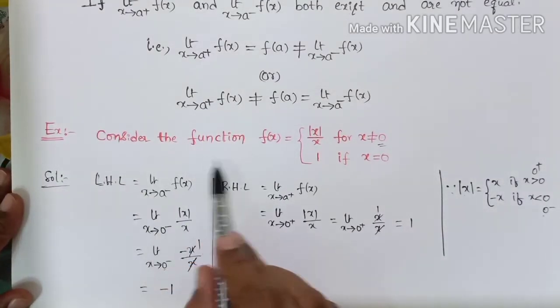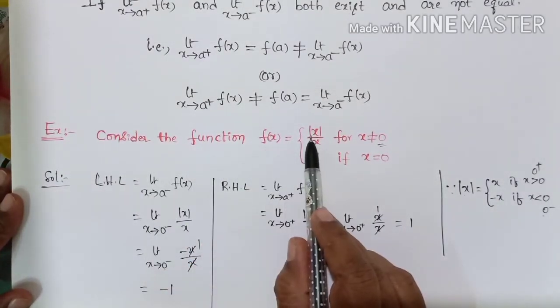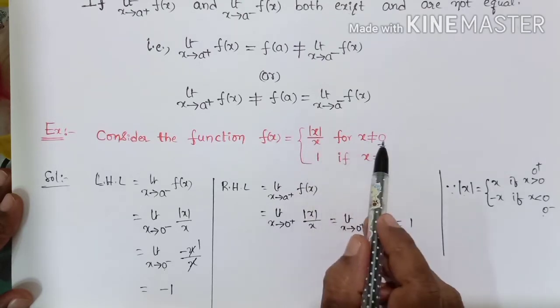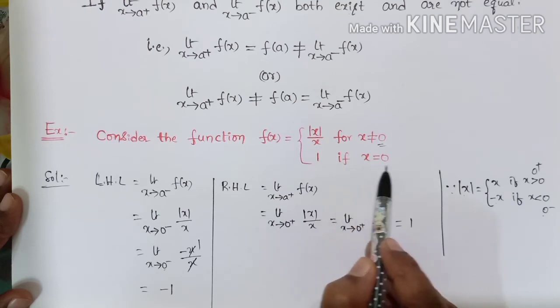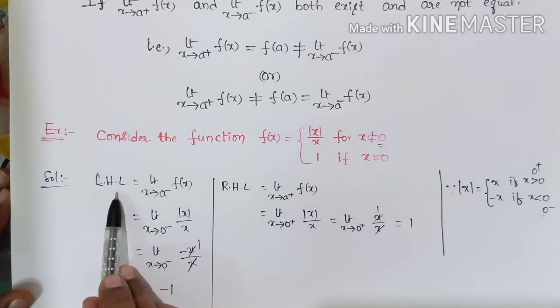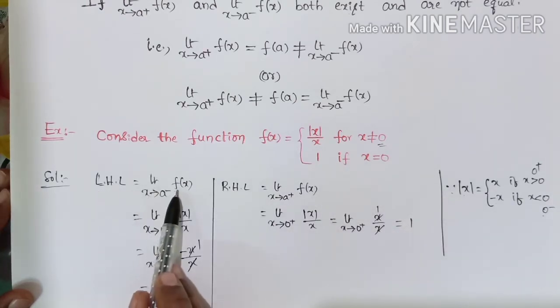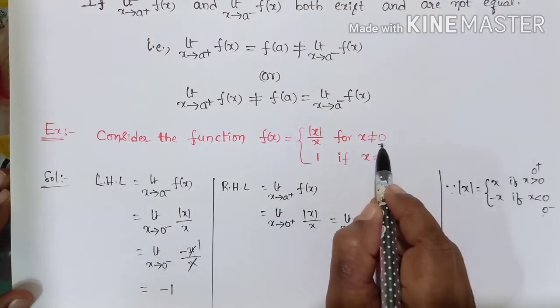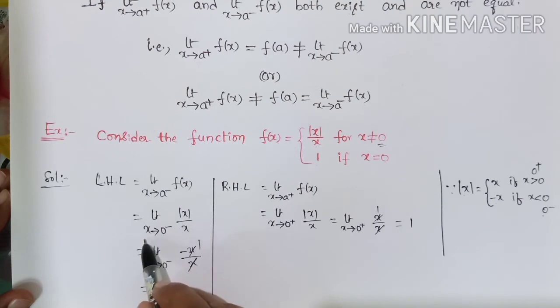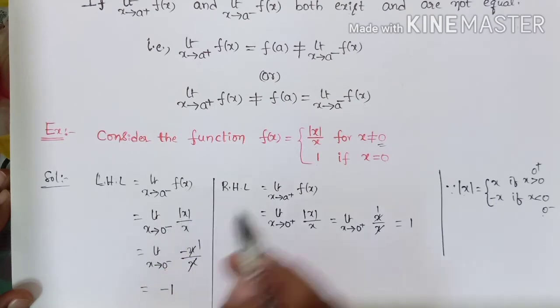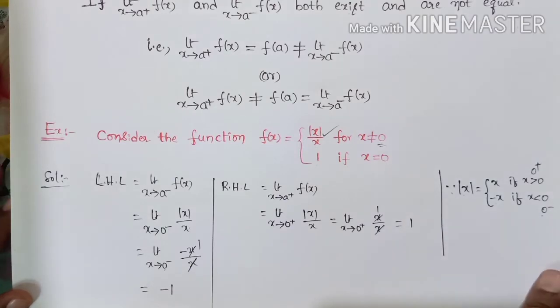Consider the function f of x is equal to mod x by x for x not equal to 0 and f of x is equal to 1 if x is equal to 0. First we take left-hand limit, limit x tends to a minus f of x. Here the limit point a is 0. So we put 0 in place of a. Limit x tends to 0 minus f of x is mod x by x. So we take the definition of mod x.